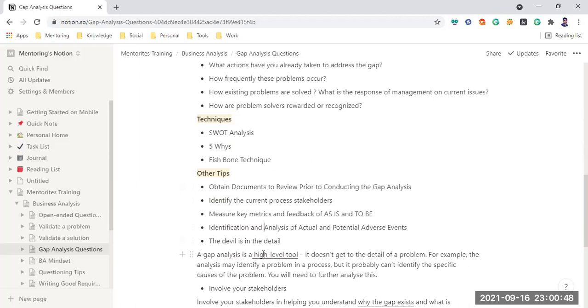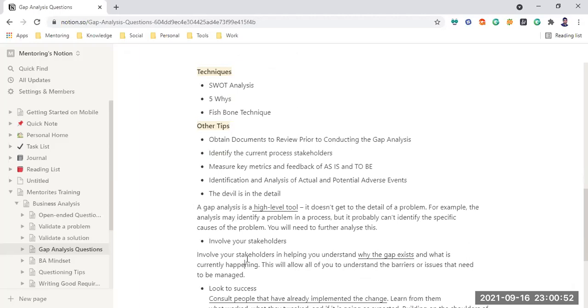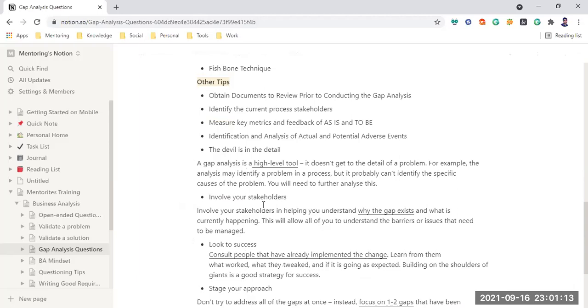A lot of times we think that when we do the gap analysis, we have finished the requirement gathering. But gap analysis is only a high level tool, so we don't get into the details of the problems. We identify the gaps, prioritize them, and then dig deeper during our requirements.